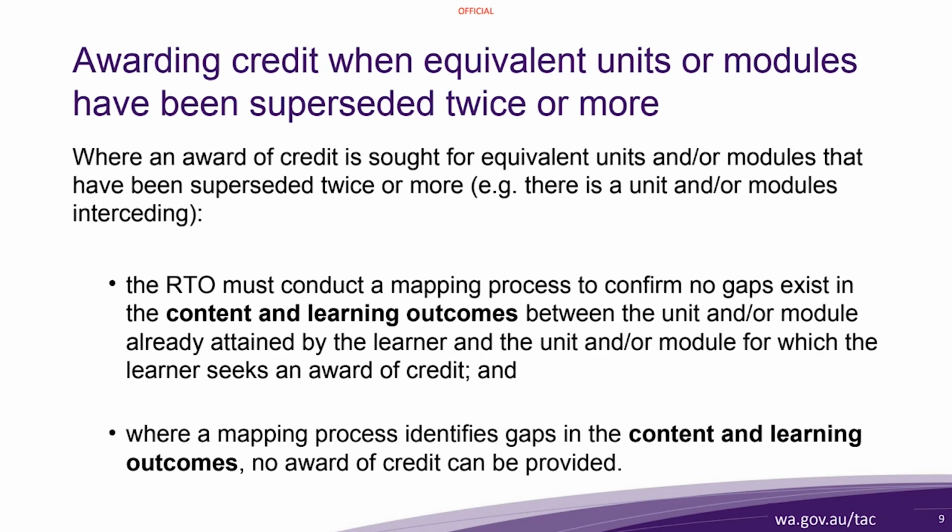But when we start looking at units of competency that have been superseded more than once, such as the example we're using today, we run into a significant problem. There might be a very small change between the F version and the E version, and the change between the E version and the D version might be small, but the difference between the D version and the F version could now be much larger.